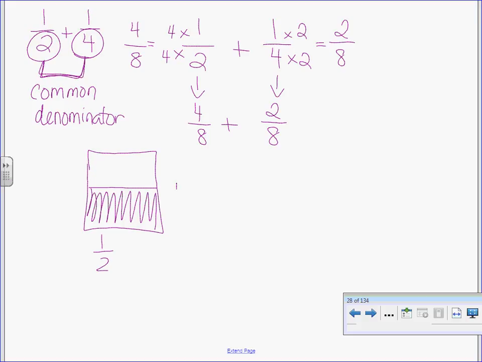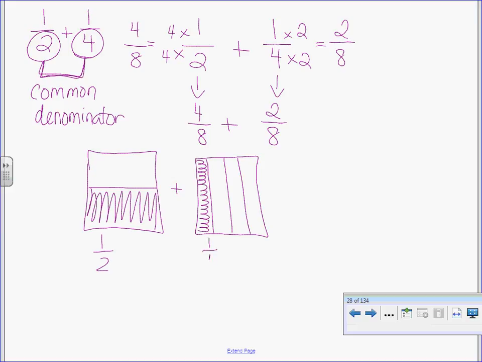Now we're going to model 1/4. I'm going to use a different direction. I did a horizontal line; now I'm going to do vertical lines. 1, 2, 3, so I end up with 4 sections, and I shade in 1 section.